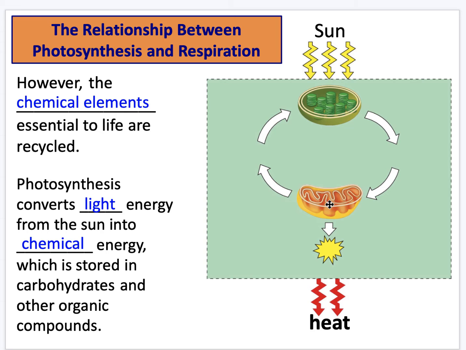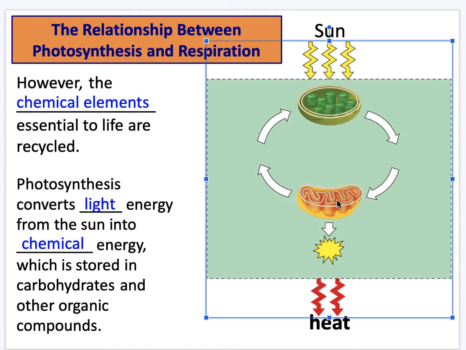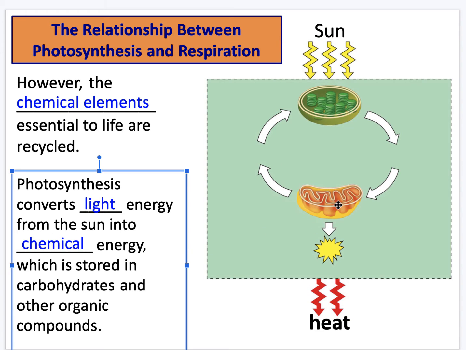The mitochondria, as we're going to see in just a moment, makes ATP, water, and carbon dioxide. Photosynthesis needs water and carbon dioxide. It makes glucose. Glucose is used by the mitochondria. And it just goes round and round. Not only is glucose used by the mitochondria, but so is the oxygen gas.